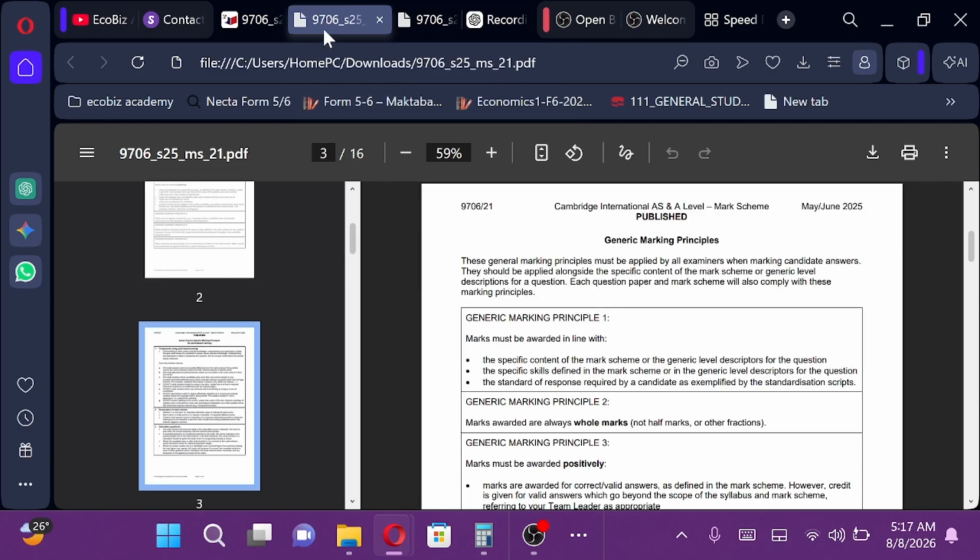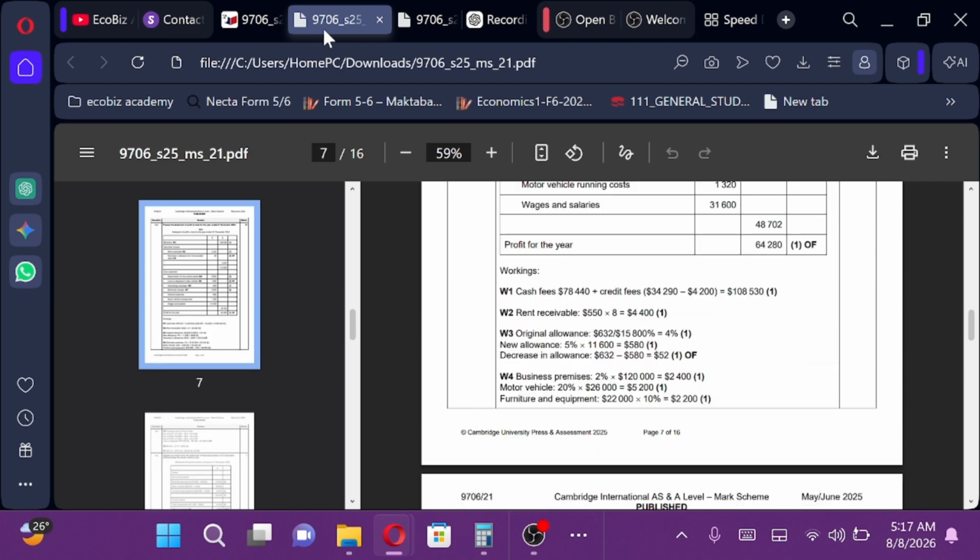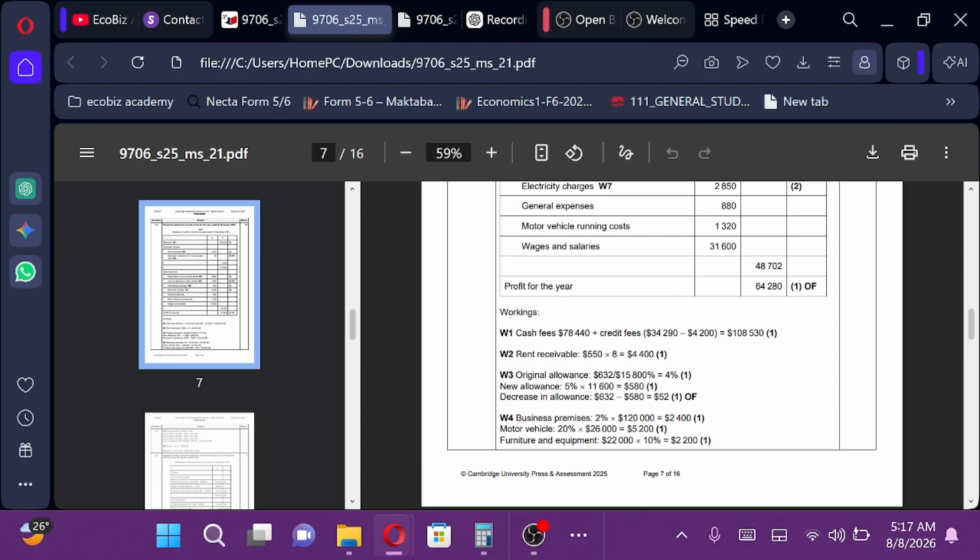Let's check if I'm correct. Give me a second. Yes. So we take the amount here.